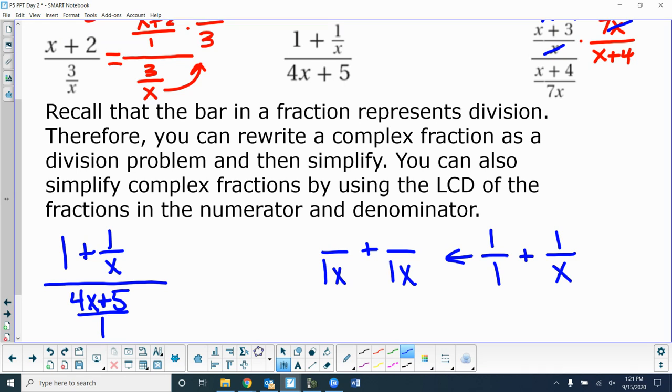Because I can't factor. So, what did I do to this original to get this? Multiply by x. So I got a 1x up there. What did I do to this original to get that? Multiply by 1. What's 1 times 1? Okay?